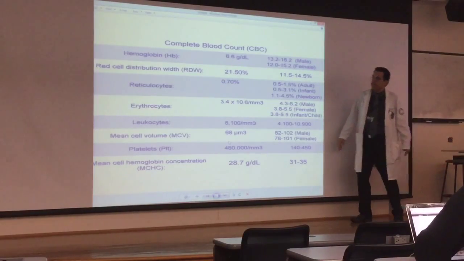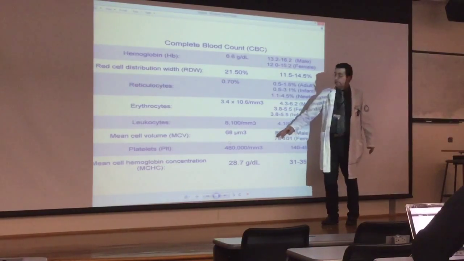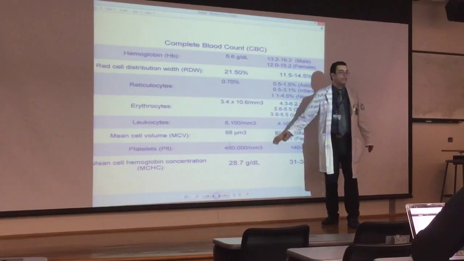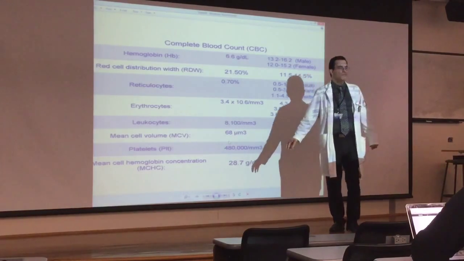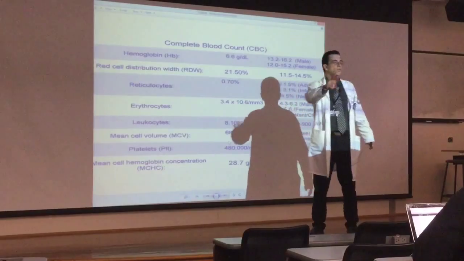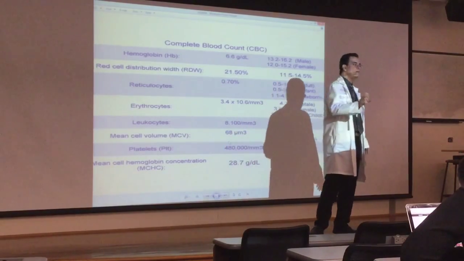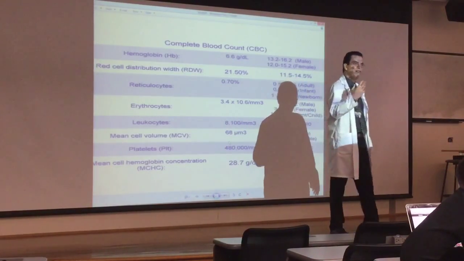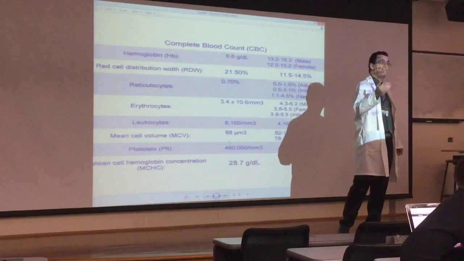You notice that MCHC is low, MCV is low. One thing that is helpful for iron deficiency: from all those 3-4 differential diagnoses I mentioned, iron deficiency is the one associated with more severe MCHC decrease.